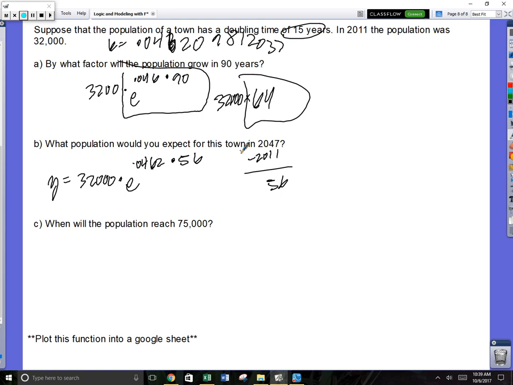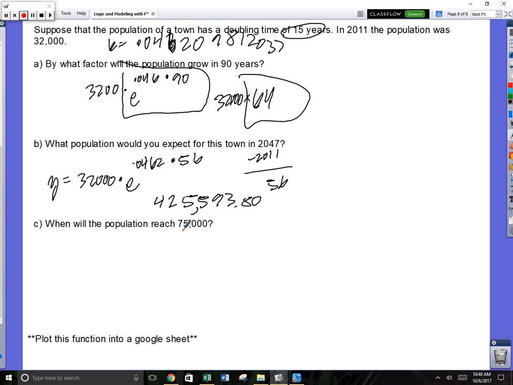So 32 grand times e, go grab your k, times 56, hit enter. You can anticipate the population is going to grow to 425,593 and almost another person.